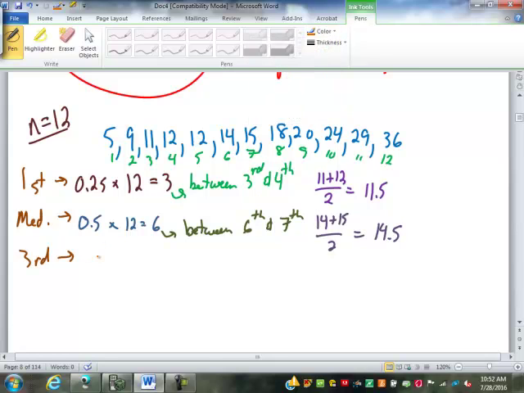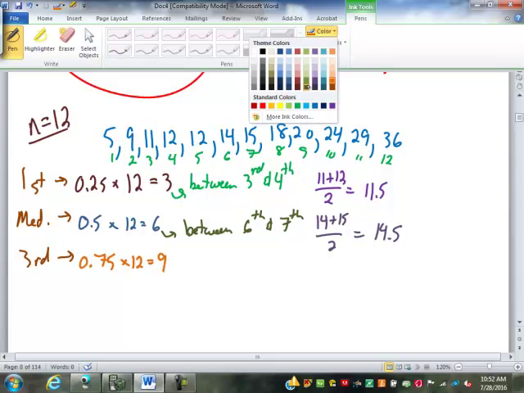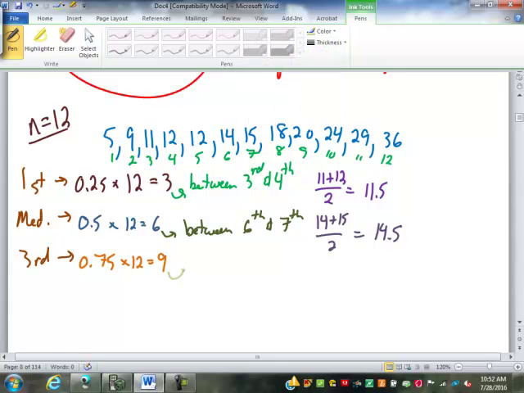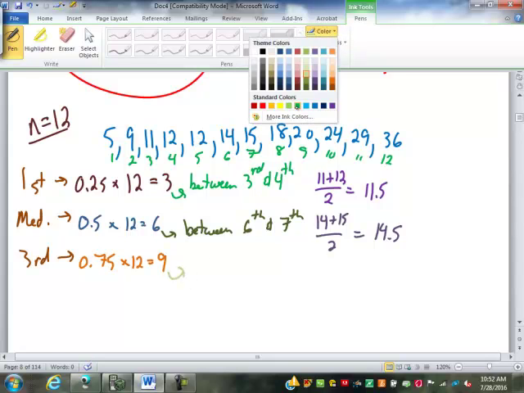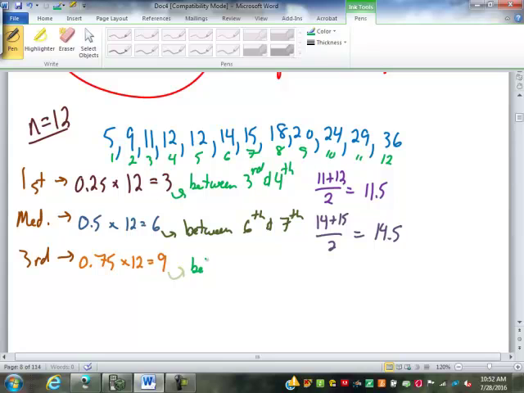For the third quartile, what am I going to do? 0.75 times 12 is 9, so that's going to be between the 9th and the 10th, yep.